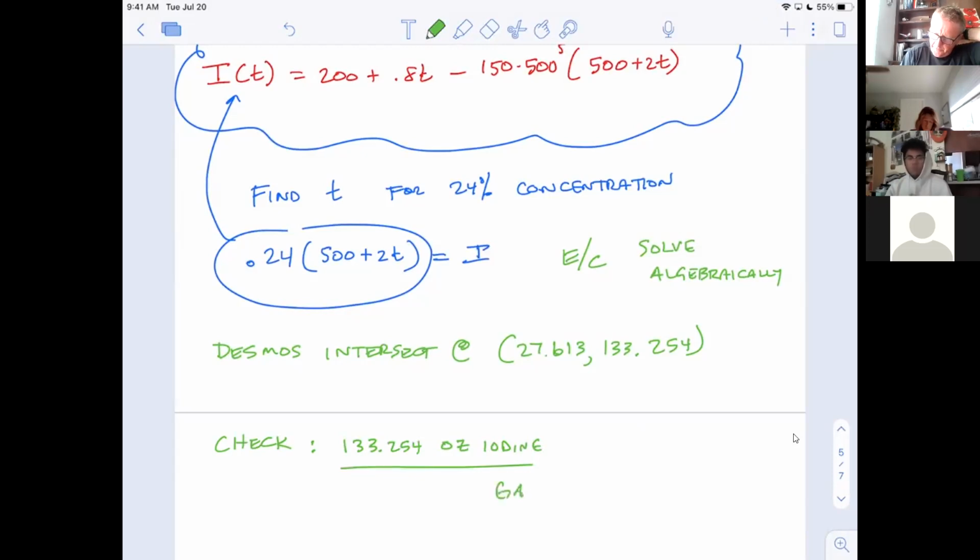But how many gallons are in the tank? Well, didn't we say the equation for that was 500 plus 2 times the time, which we now just figured out is 27.613. So if I actually divide those, I'm hoping I will get ounces of iodine per gallon. I'm hoping I'll get 24% or darn close to it.